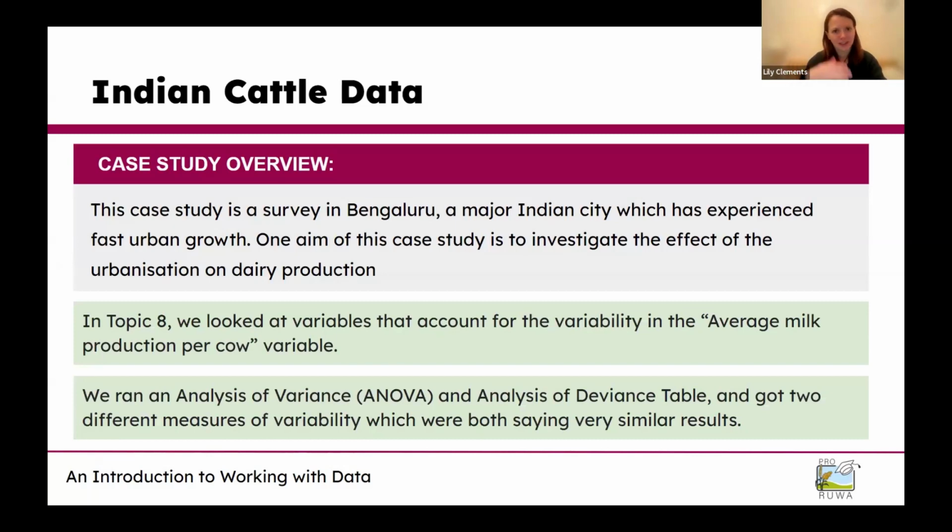So in topic 8, we looked at variables that account for variability in the average milk production per cow variable. We ran an analysis of variance, an ANOVA table, and an analysis of deviance table as two different measures of variability, and we got very similar results between them.